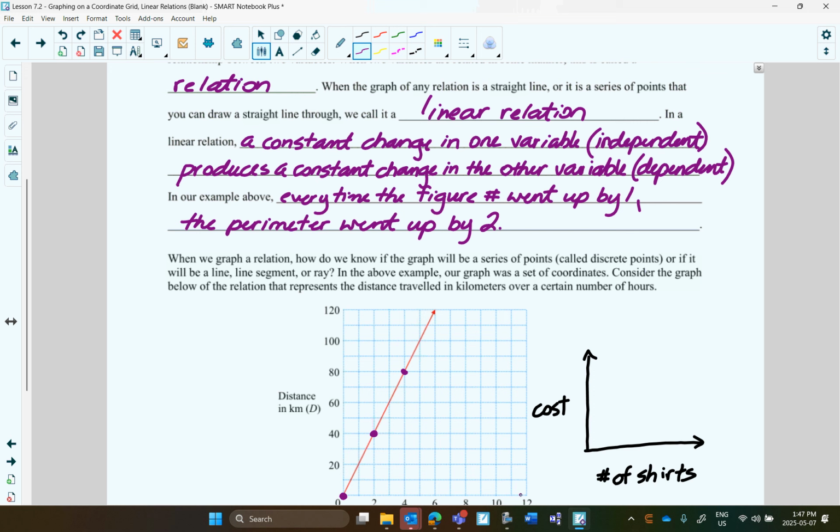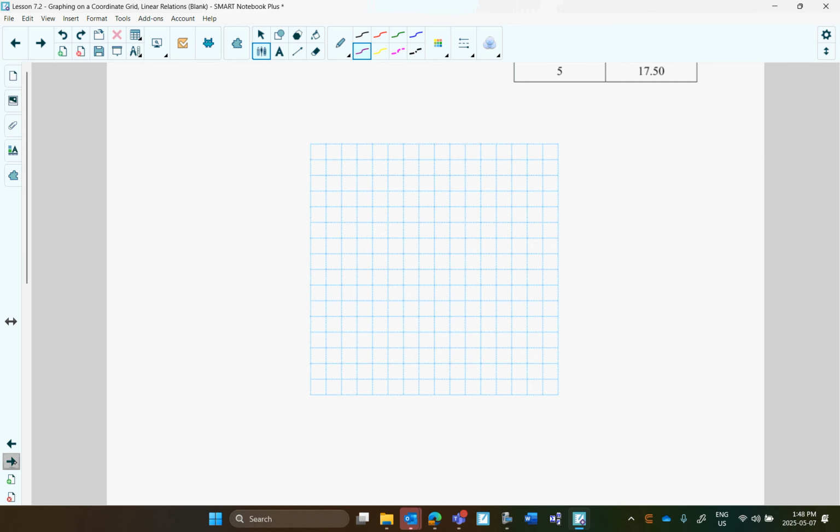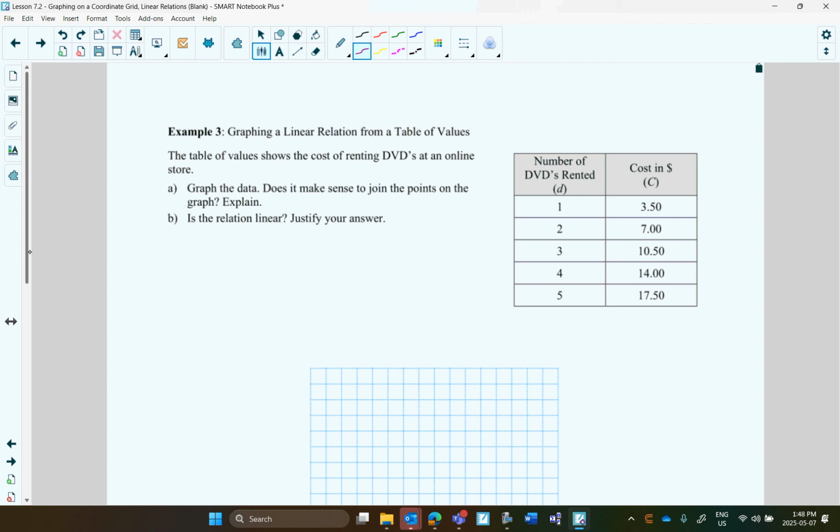Okay? All right, so let's look at some examples now that we kind of did that. So we're going to practice some graphing. Oh, I got to change this example. DVDs. Anybody actually watch DVDs anymore? No way. Sometimes? Yeah.